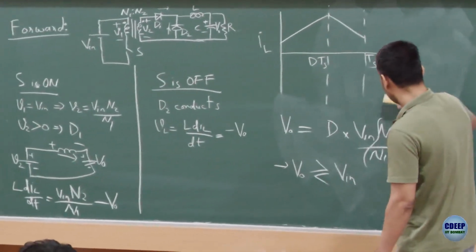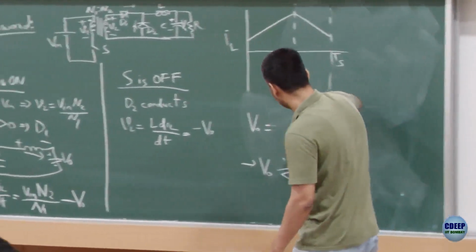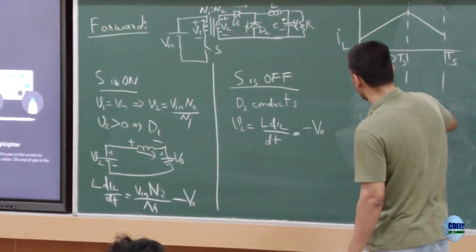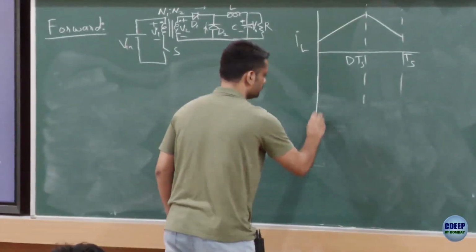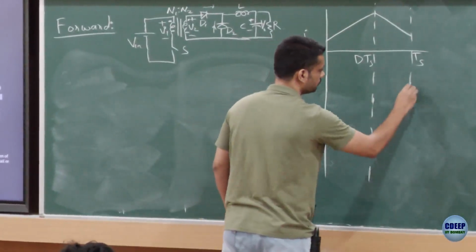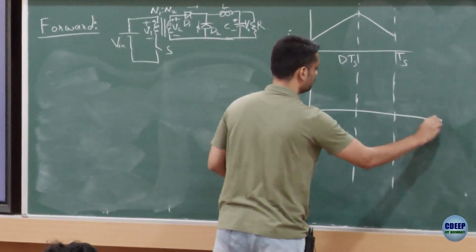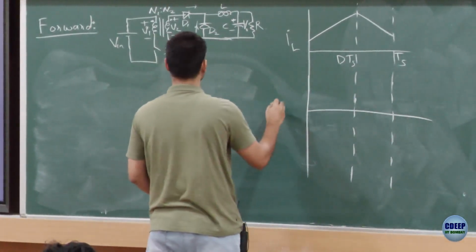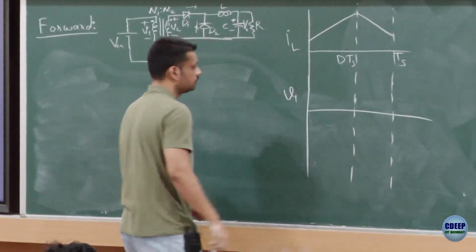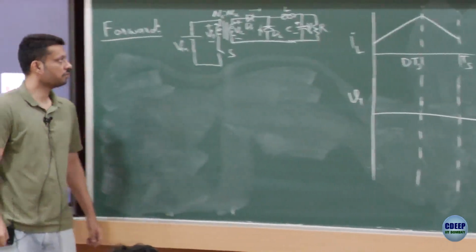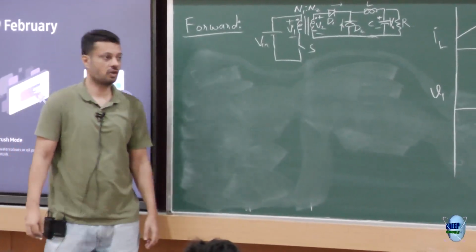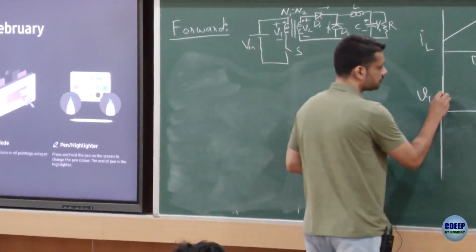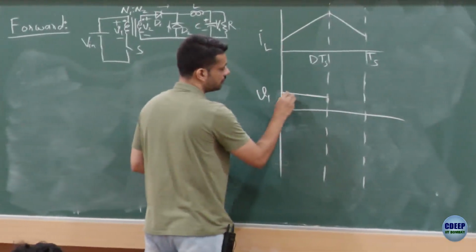Then let's look at the reason for having the diode. If I draw the V1 voltage in this circuit, when the switch is on it's positive and constant.